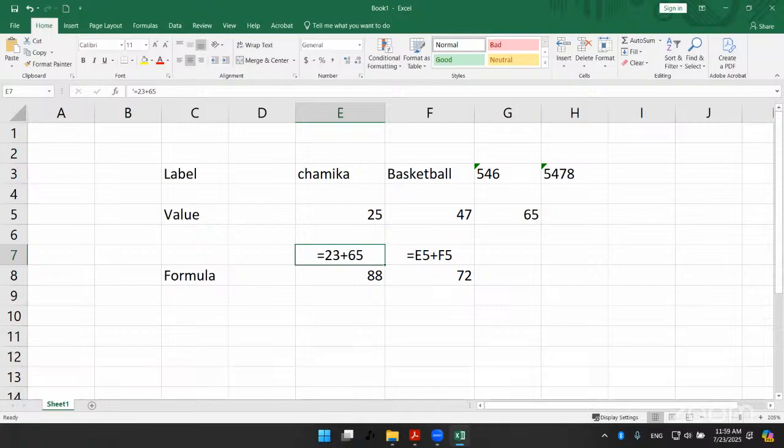And write these three. Label is normal text. Okay? I will just remove this one, these two.